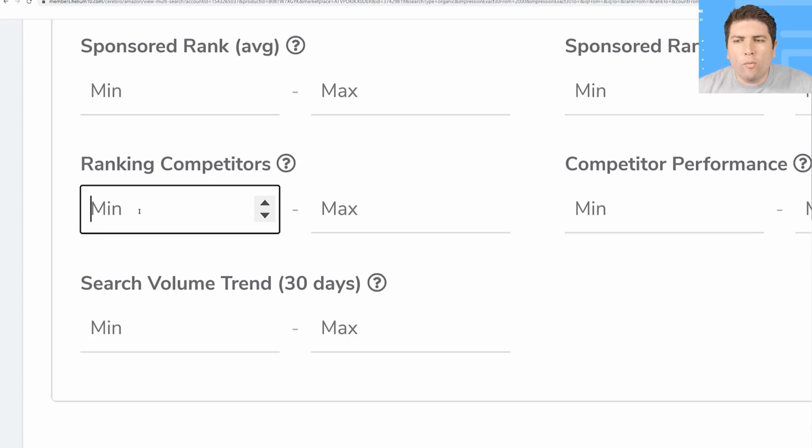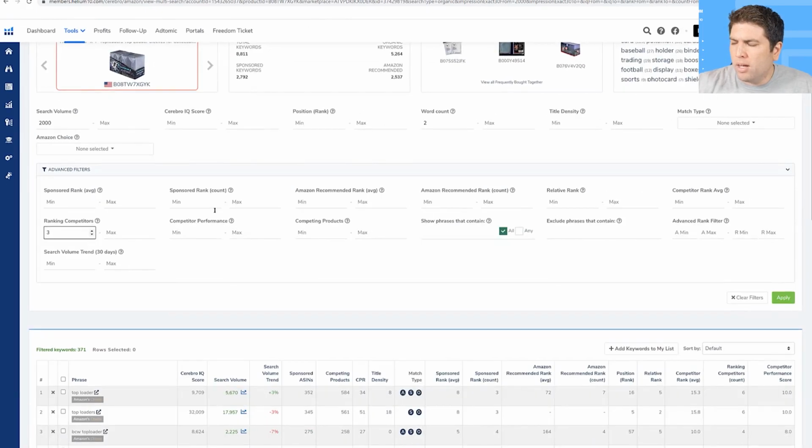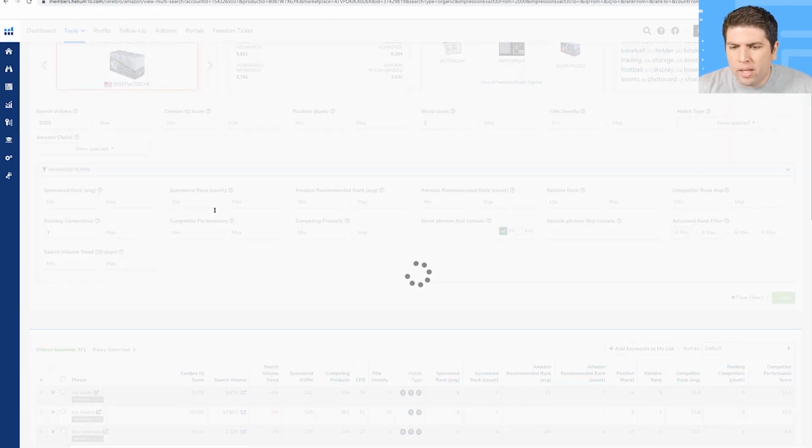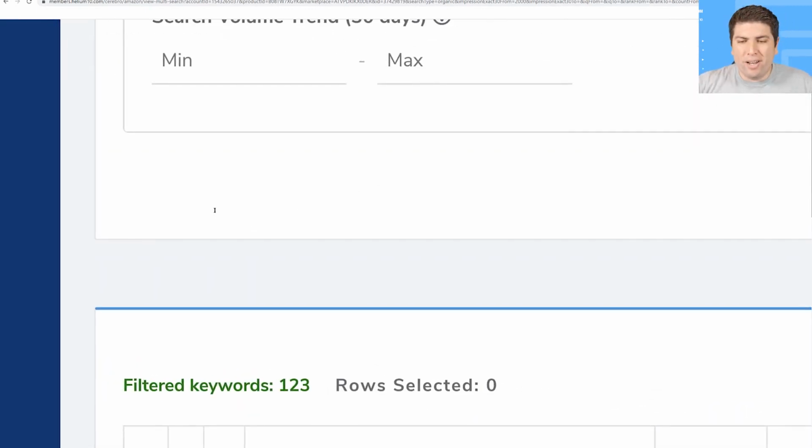Show me the ones where at least 3 out of these 6 are all ranking. It's not going to weed out all of those brand names that we saw, but it's going to weed out a lot of them. We just went from 371 to 123.